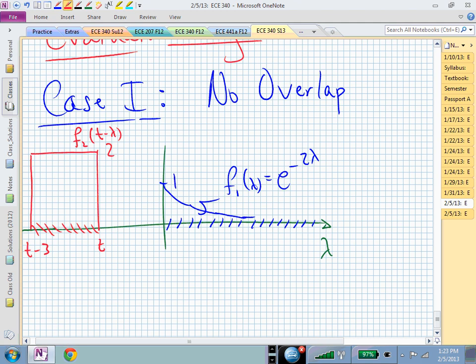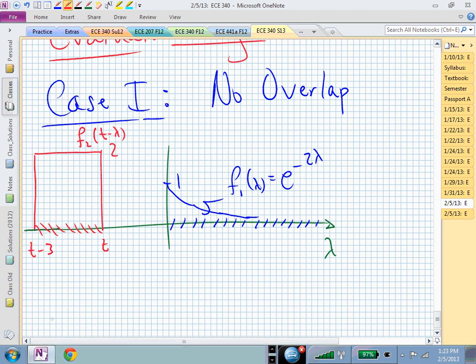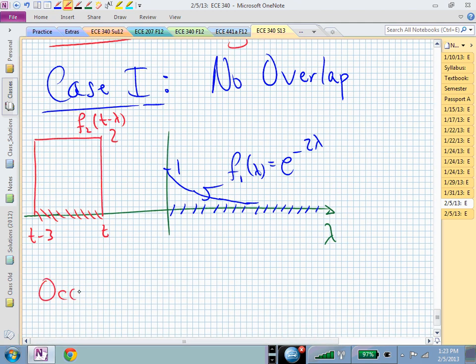This overlap pattern then occurs with no overlap as long as this endpoint remains to the left of 0. This overlap then is going to be true as long as t is less than 0.